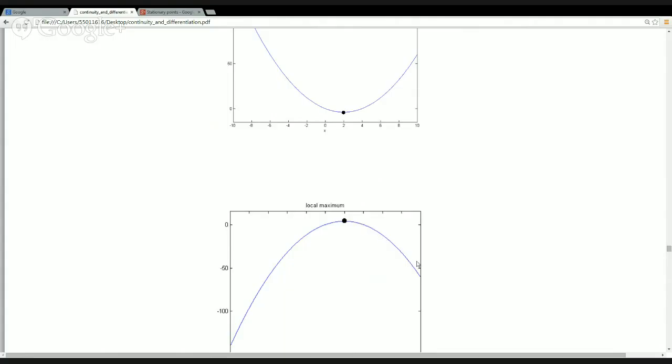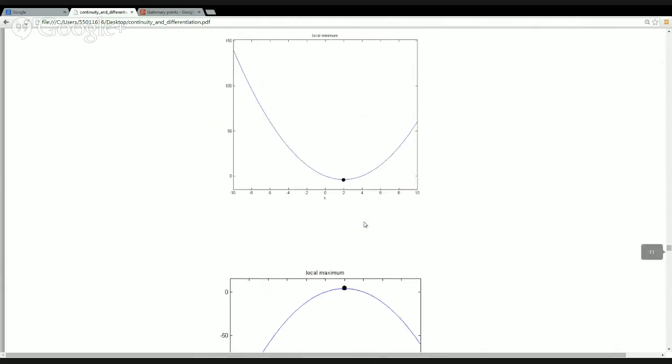So there the behavior is reversed. The sign of the derivative is positive to the left of it, positive but decreasing, and it goes through zero, and then to the right of it, the derivative has a negative value because the function is decreasing. Okay? So that difference in behavior characterizes the local minimum and local maximum point.